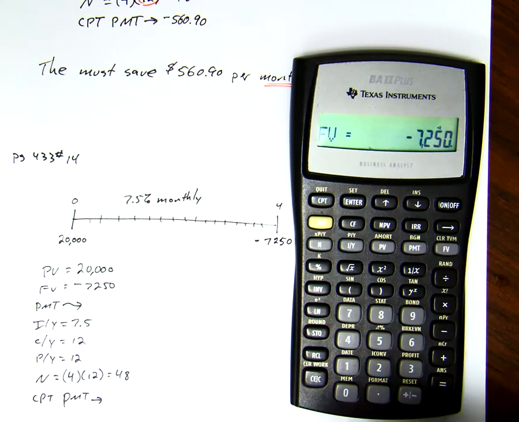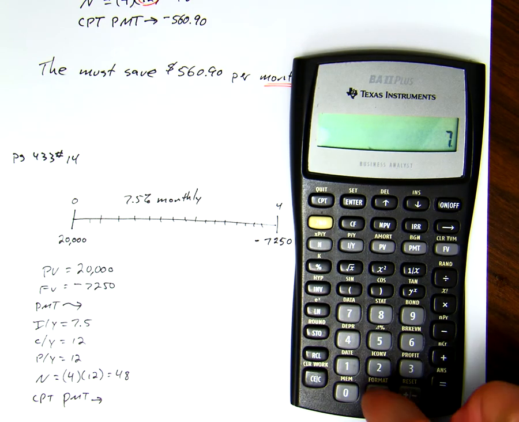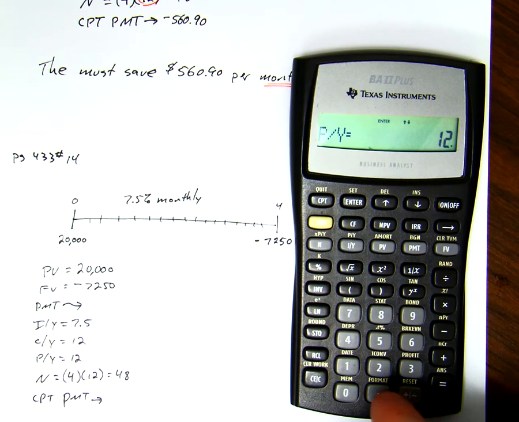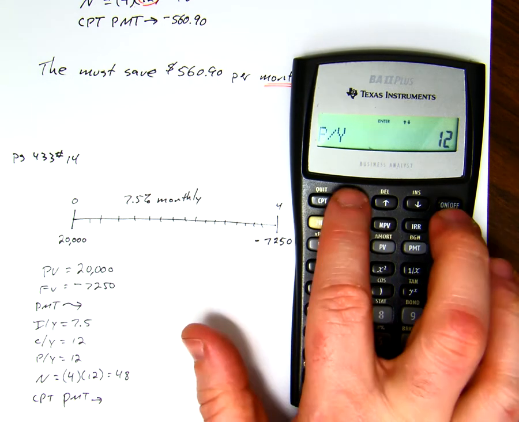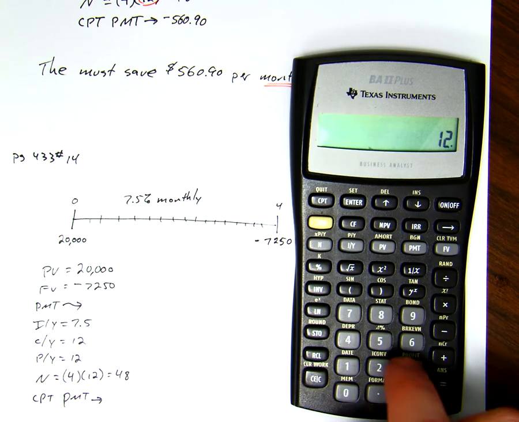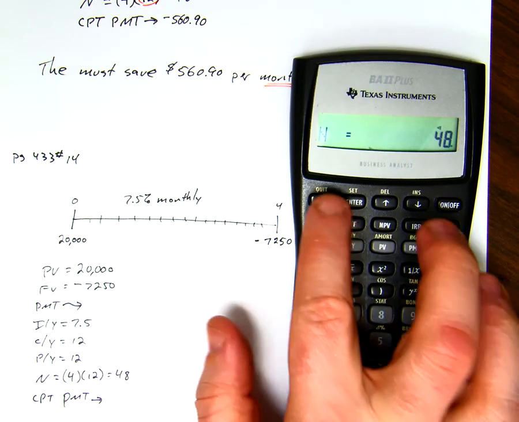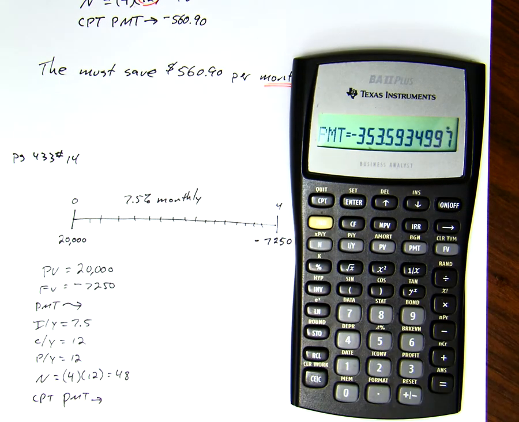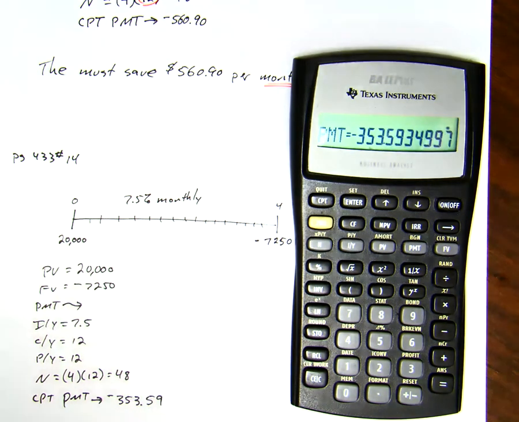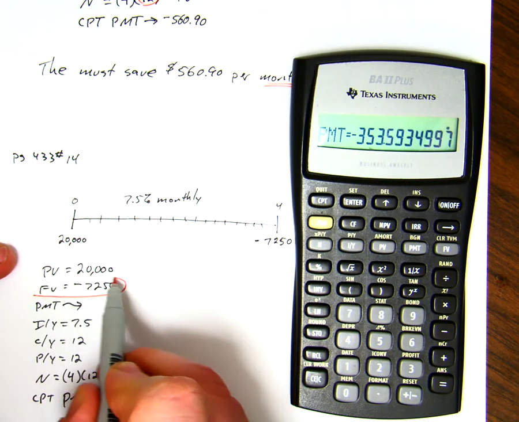Negative $72.50 is the future value. 7.5 is the I per Y. 12 payments per year, 12 compoundings per year. 48 is the N, and we compute the payment to be negative $353.59. So we're going to have to pay $353.59. Now, this value is the confusing part of this problem.